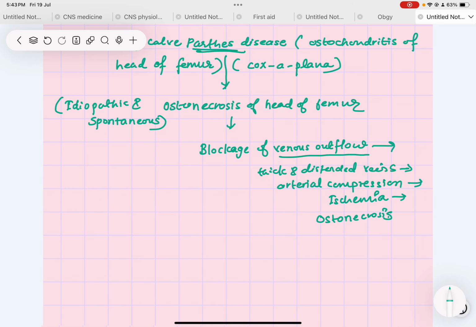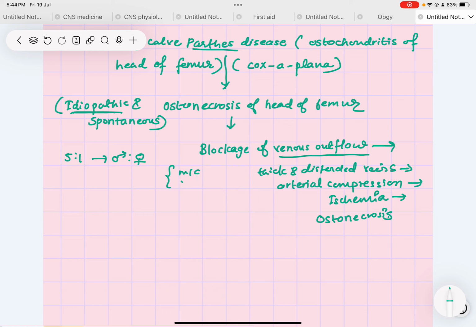Now, Perthes disease, if we see the epidemiology, it is more common in male children, and the ratio is 5:1, so more common in male children than female children, and incidence is 1 in 10,000. You don't have to remember this. And the most common cause is idiopathic, as we have discussed. We really don't know why the veins are getting blocked, but it is assumed that maybe it is protein C and S deficiency.